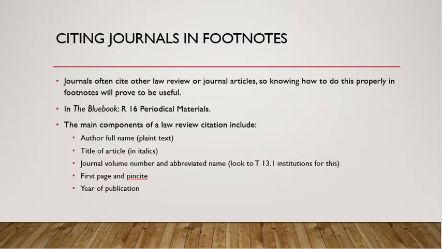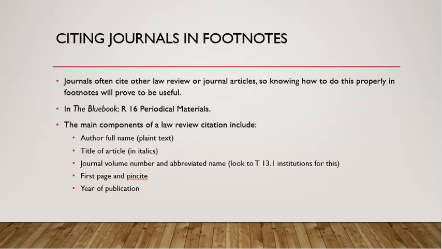Citing journals in footnotes. Journals often cite other law review or journal articles, so knowing how to do that properly in footnotes will prove to be useful. In the Blue Book, Rule 16, periodical materials, is where we're going to want to look for this.